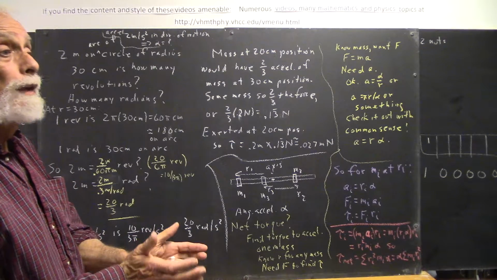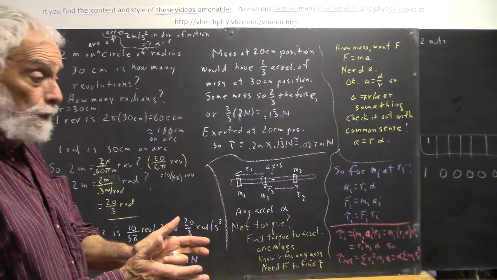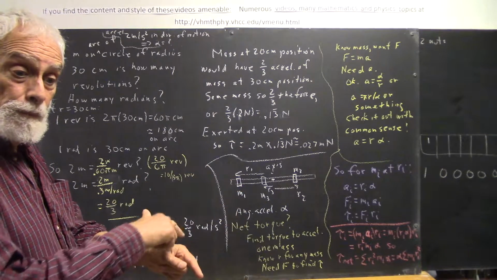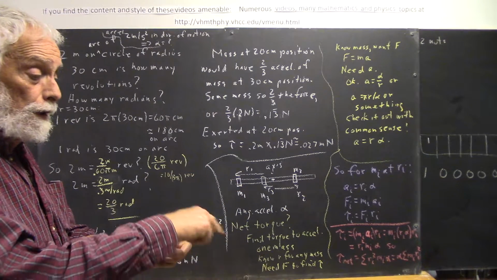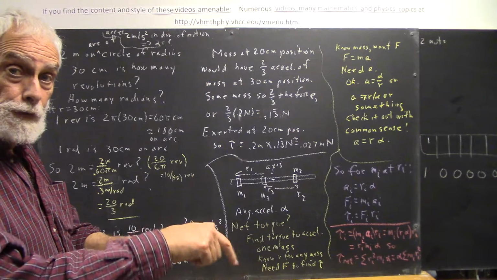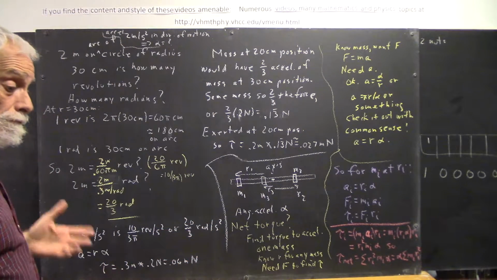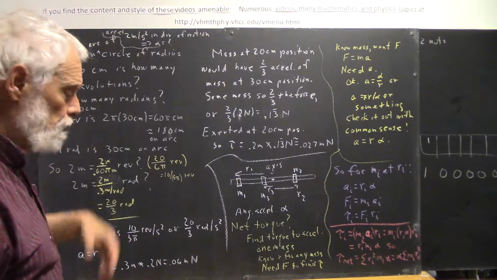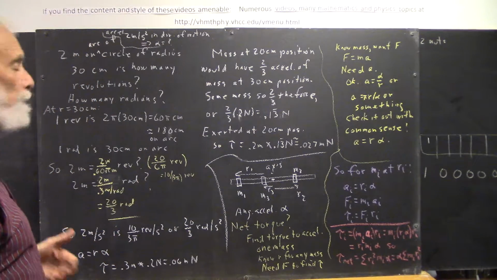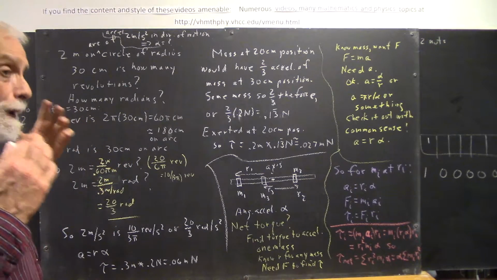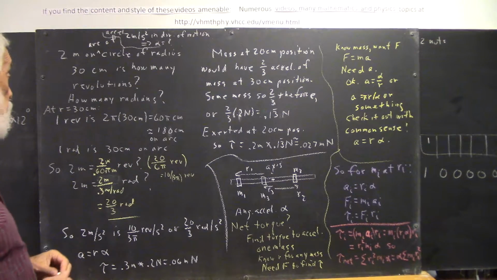A radian being the angle with the property that that angle on any circle results in an arc distance on the circle that's equal to the radius. Okay, so angle equals arc distance equals radius, and circumference is pi times diameter.